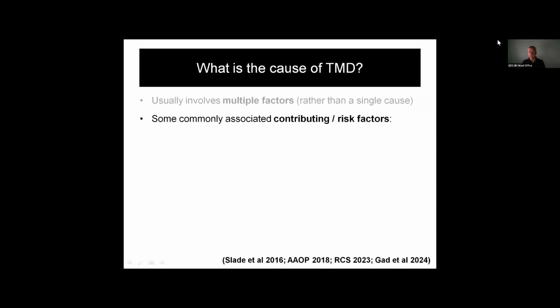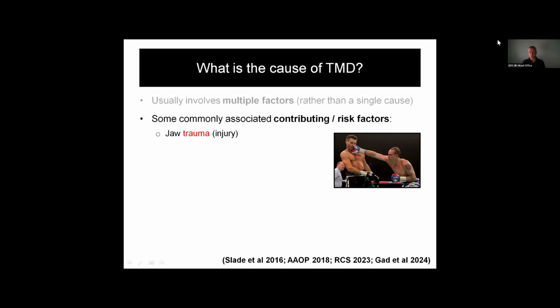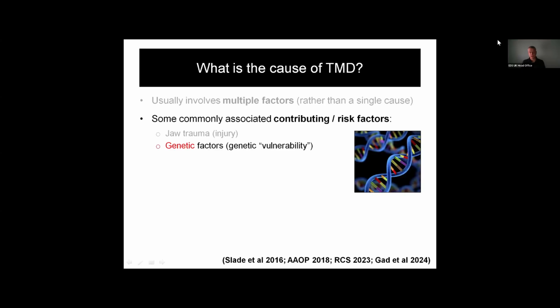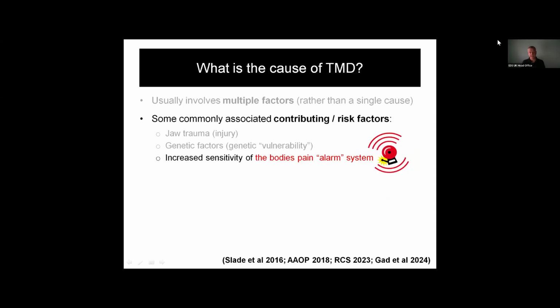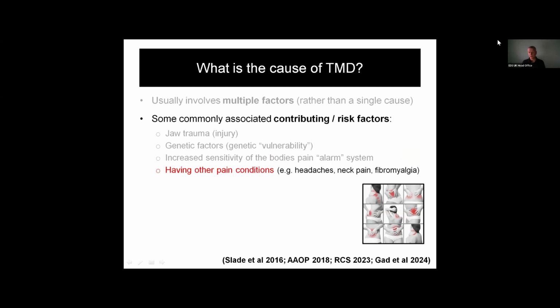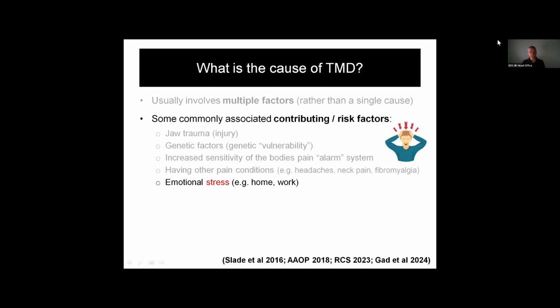Some commonly associated risk factors include jaw trauma, genetic factors, so some of us are genetically vulnerable to these types of conditions, increased sensitivity of the body's pain alarm system, having other pain conditions such as headache, neck pain, or fibromyalgia, emotional stress at home or work, and psychological conditions such as depression and anxiety.